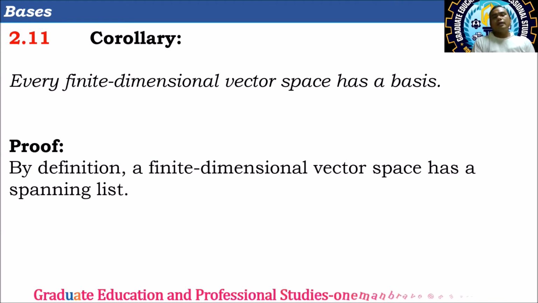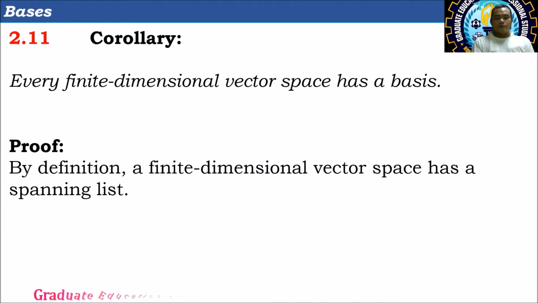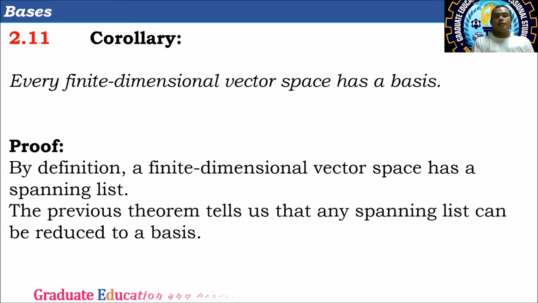By the definition, a finite dimensional vector space has a spanning list, as we also proved earlier. And the previous theorem tells us that any spanning list can be reduced to a basis.